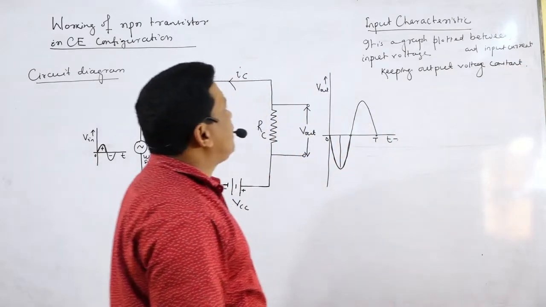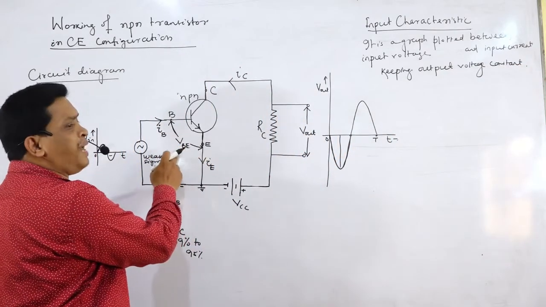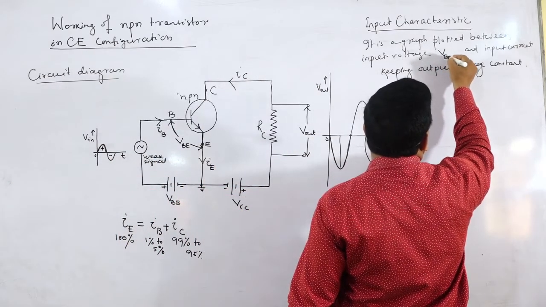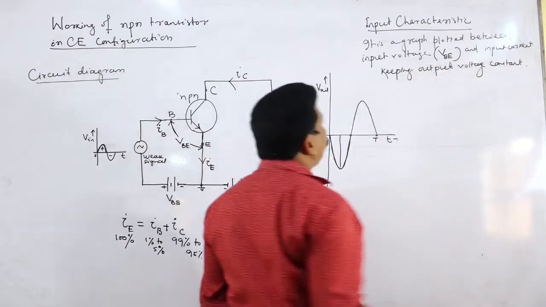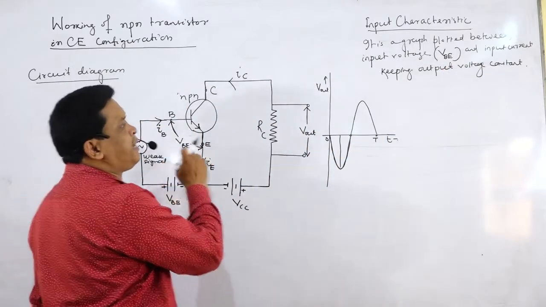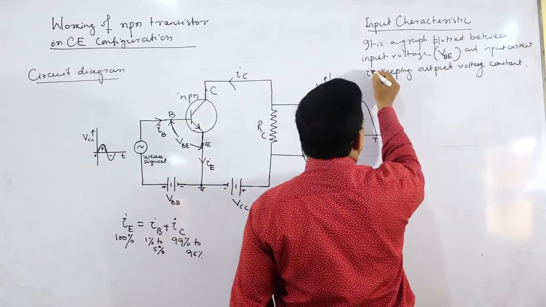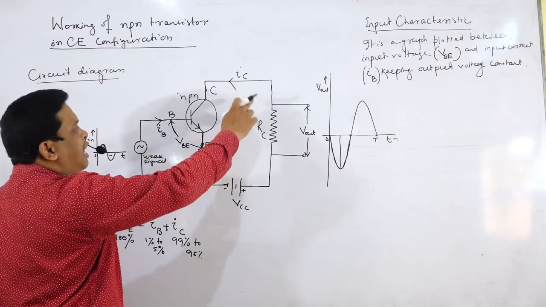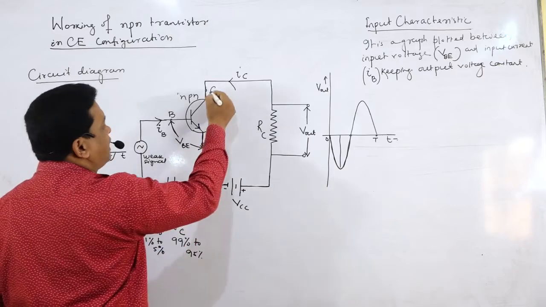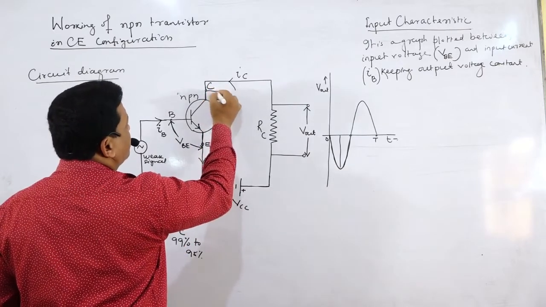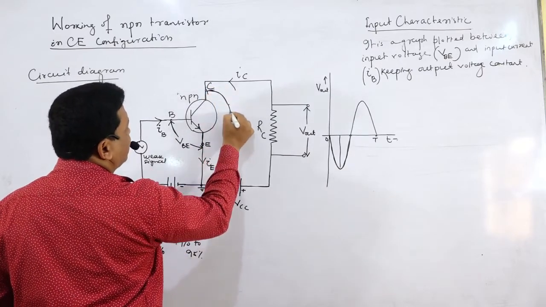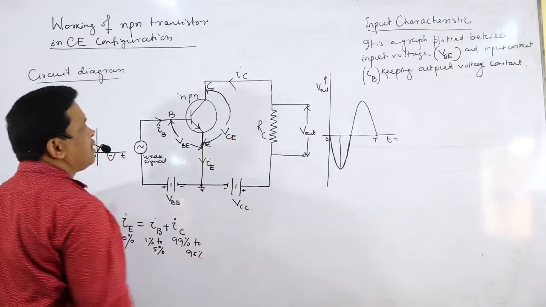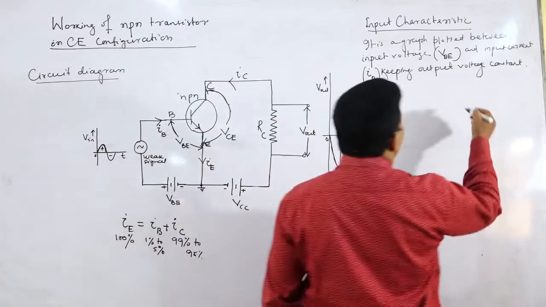Here, input voltage is base emitter voltage VBE and input current is base current IB. Keeping output voltage constant means keeping collector emitter voltage VCE constant.